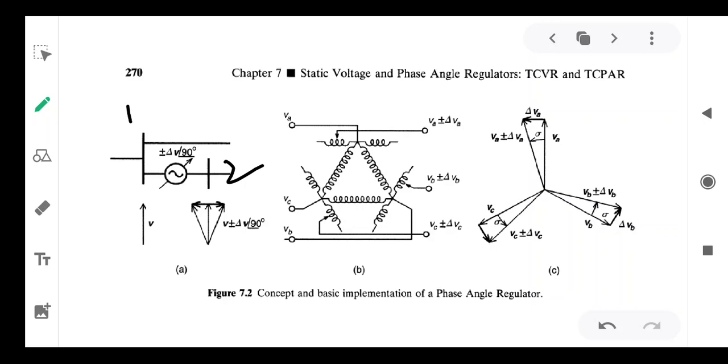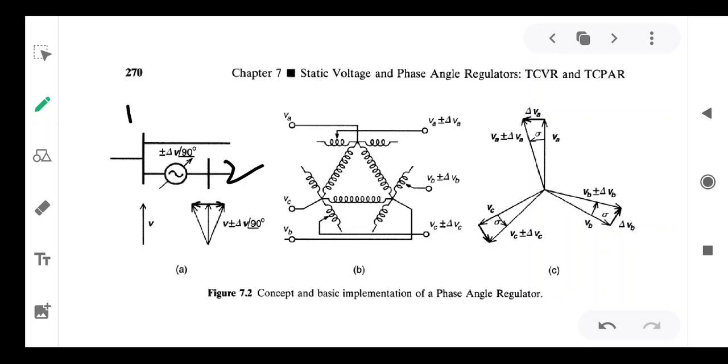After that, there is a bus 2 at which the voltage can be controlled. So the voltage can be controlled. V plus delta V is the voltage magnitude control at an angle plus or minus 90 degrees in quadrature with the current.